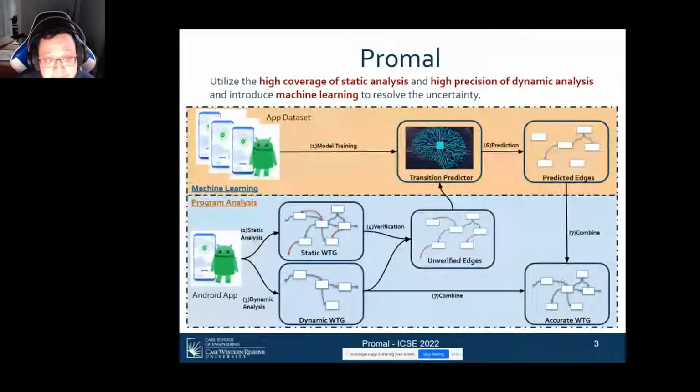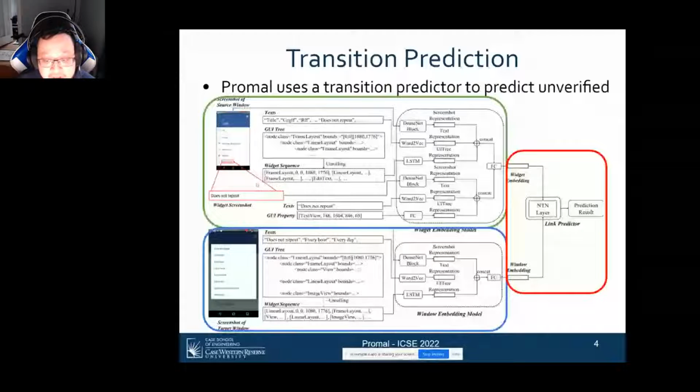Here is the detail of the machine learning model. It's composed of 3 modules. First is a widget embedding module, the second is a window embedding module, and the last is a link predictor. For the embedding models, we feed in the screenshots of the source window, target window, and the widget, also the text and the GUI layout as a tree structure, which we unroll into a sequence.